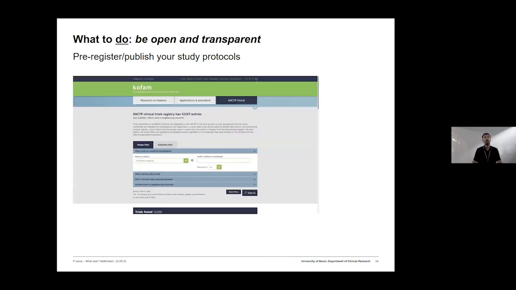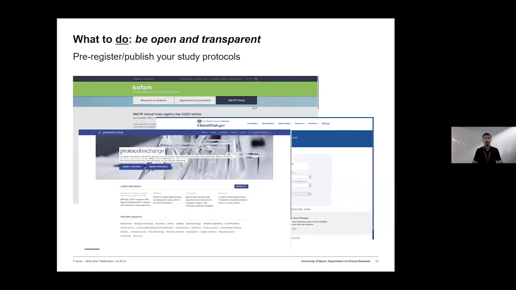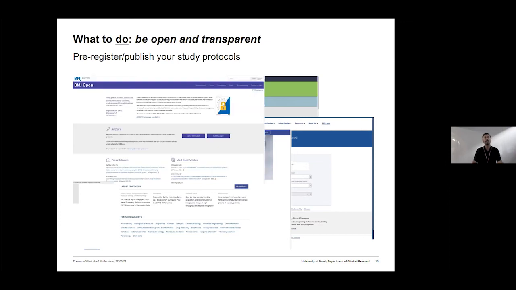So pre-registering can be done in several websites. There's one here in Switzerland to register studies done for research on humans. There's one that is linked to the US government. And you can also pre-register your studies in Protocol Exchange.